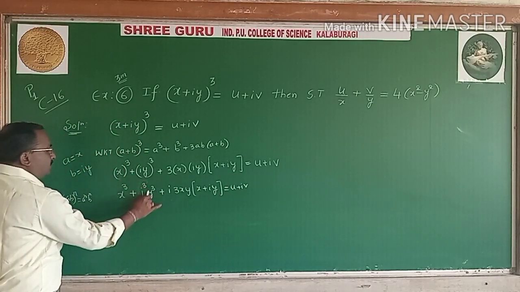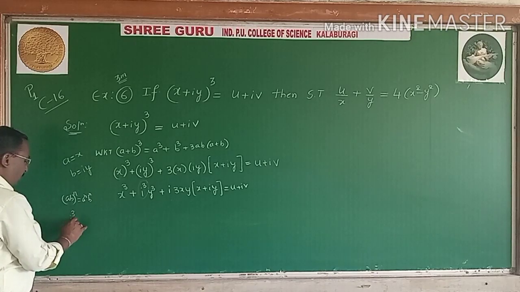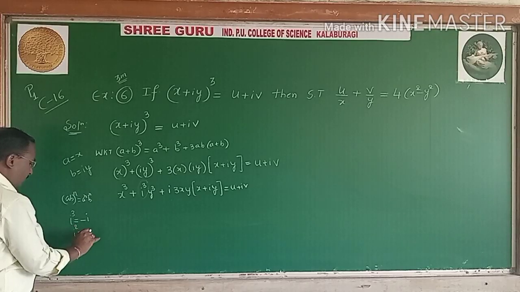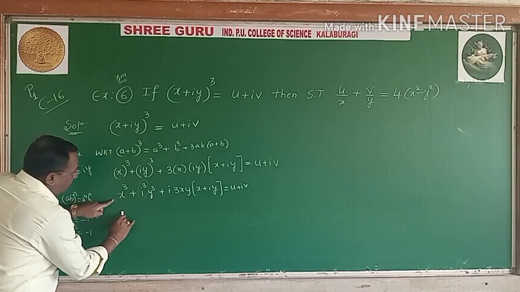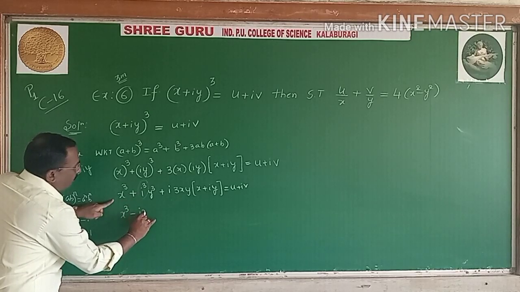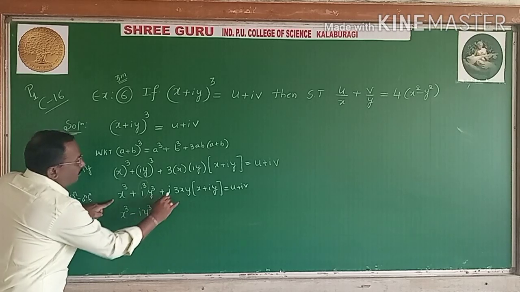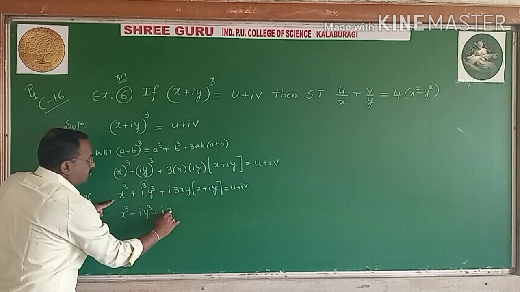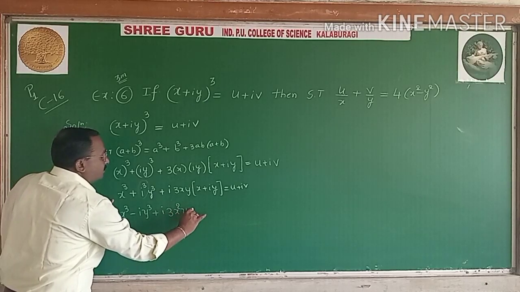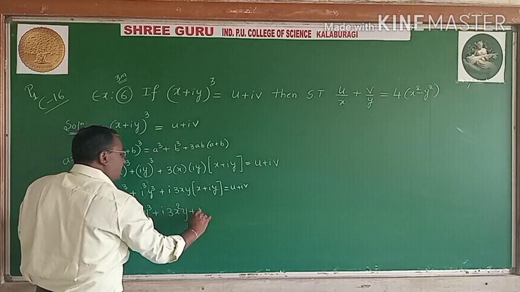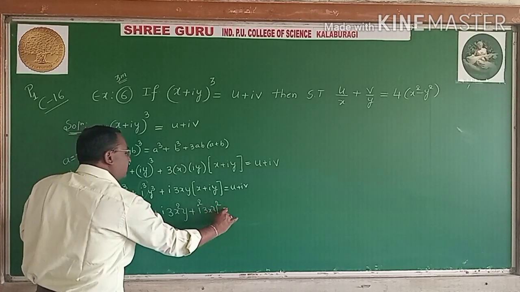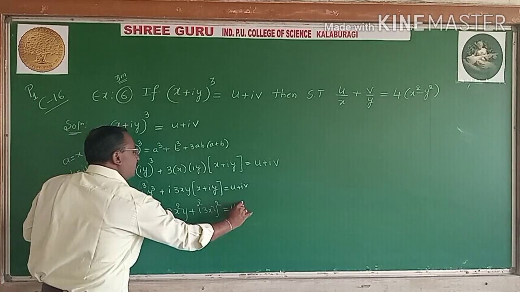Here we know that the i^3 value is minus i, and the i^2 value is minus 1. Keep in your mind: x^3 as it is, i^3 value is minus i times y^3, plus 3x^2 y, plus i into i^2 times 3xy^2, is equal to u + iv.